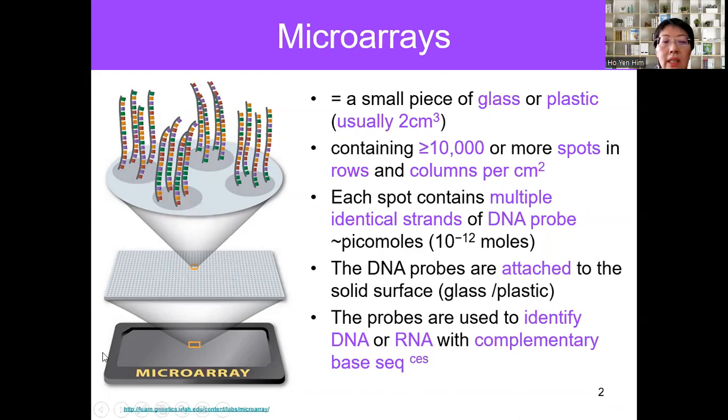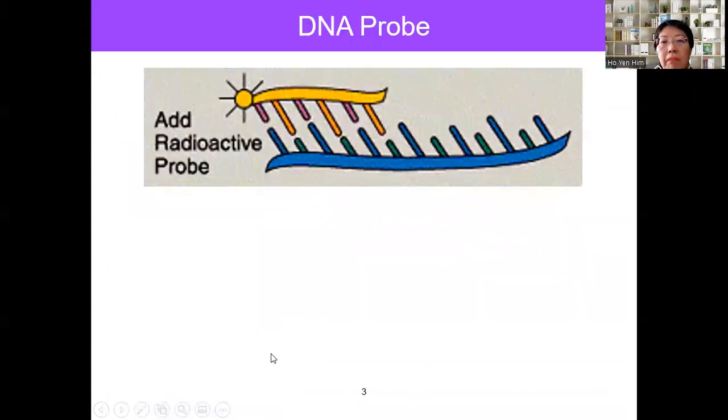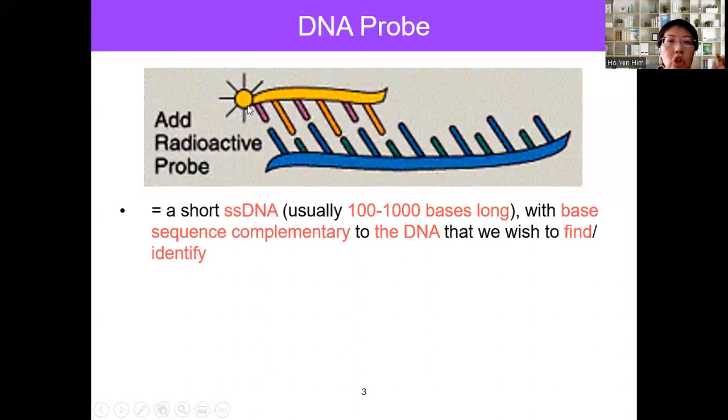So this is the microarray. Let me recap what you have learned about the DNA probe. This single strand of DNA in yellow color is the DNA probe. A DNA probe is a short single-stranded DNA, usually about 100 to 1,000 bases long. It has a base sequence that is complementary to the DNA that we wish to find or identify, like in this case here, where it's complementary to this particular strand of DNA.